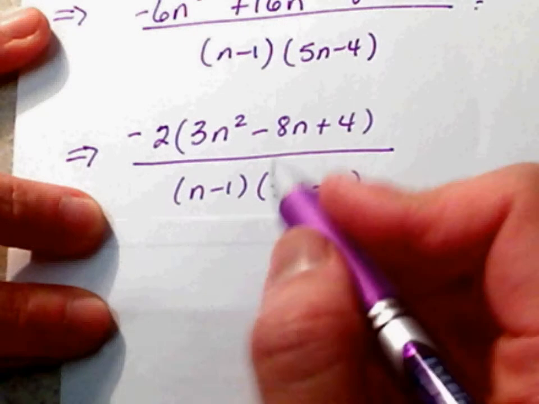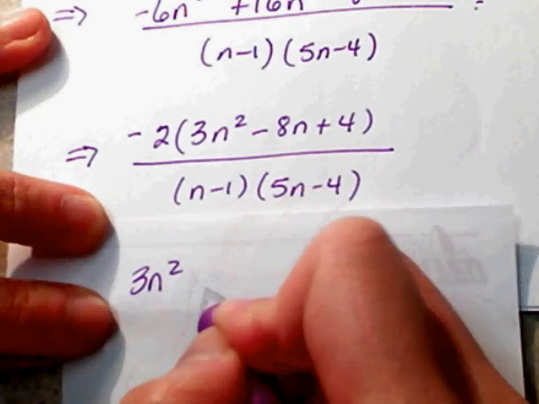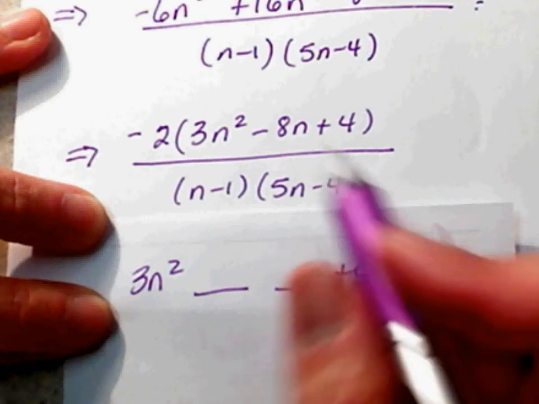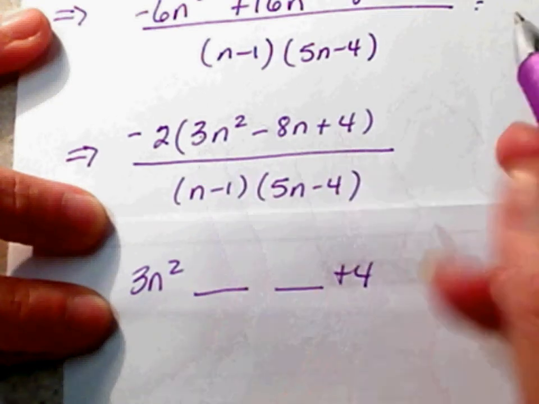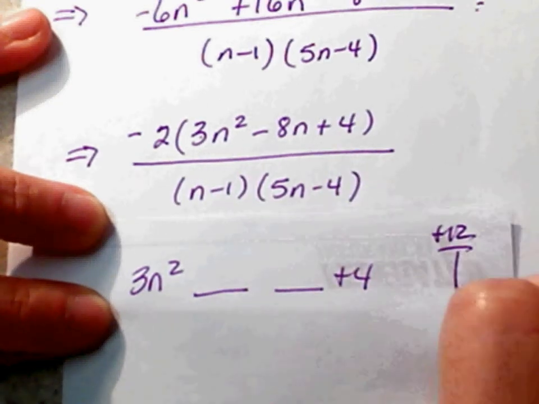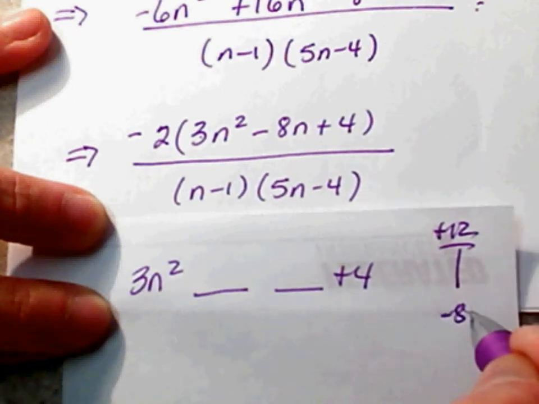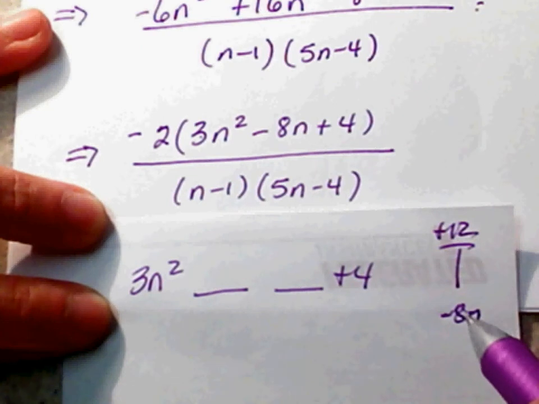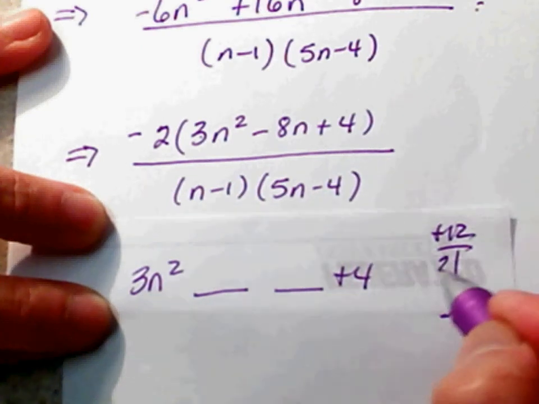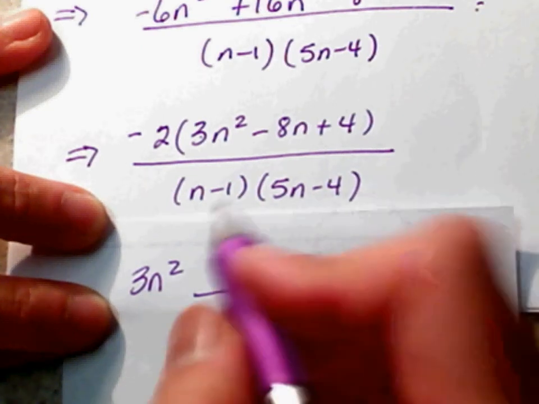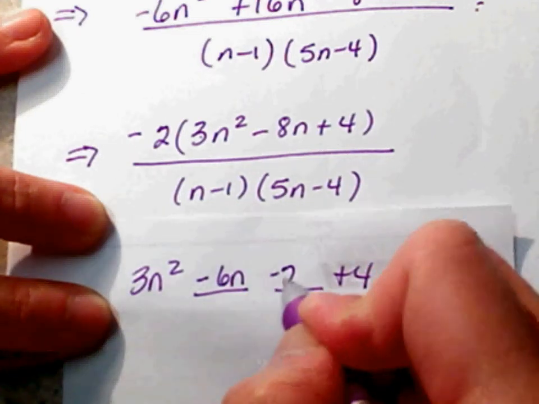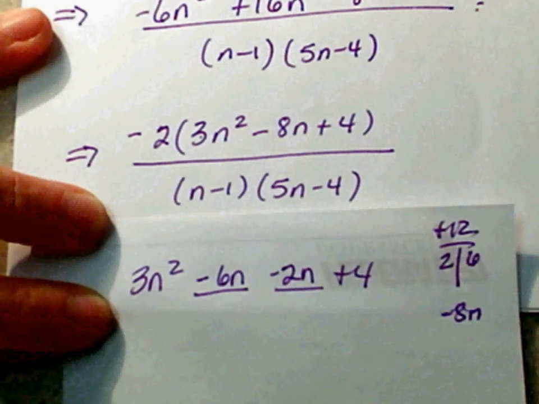3n squared, blank, blank, plus 4. I'm going to do the grouping. Multiply your 3 times your 4. That gives you a positive 12. I want two numbers that multiply to give me a positive 12, and add to give you 8. 2 and 6, okay? So minus 6n minus 2n. Group the first two, group the last two.